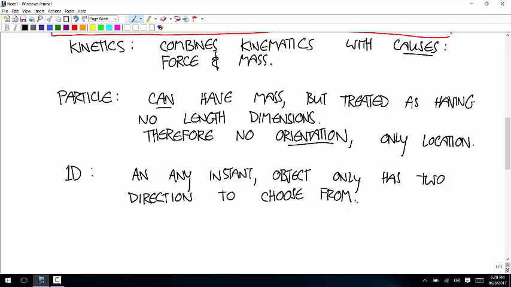That includes trains on train tracks. A train on a train track can only go forward or backwards wherever it is. That includes things traveling along a wire path. It includes anything that's confined to a line or any kind of curved defined path.